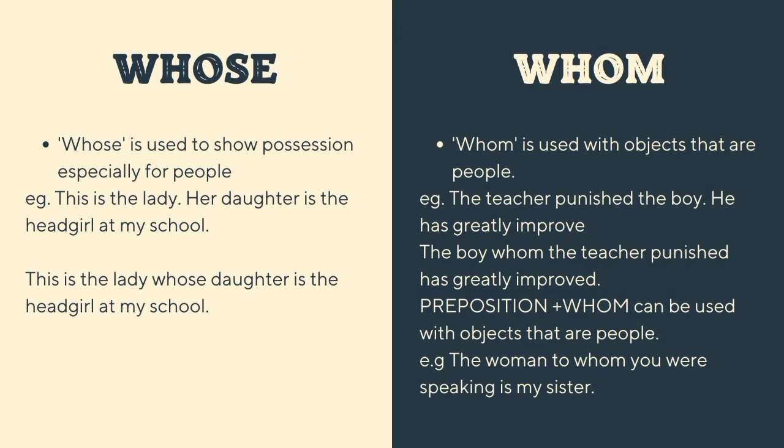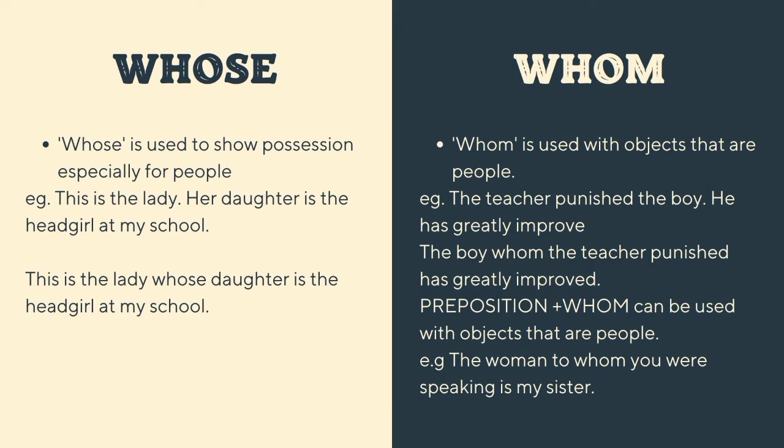Do not say the woman to whom you were speaking to is my sister. That's wrong English. You only use one preposition. That's how we use the word whom with a preposition.